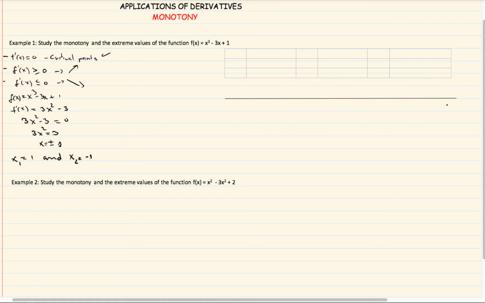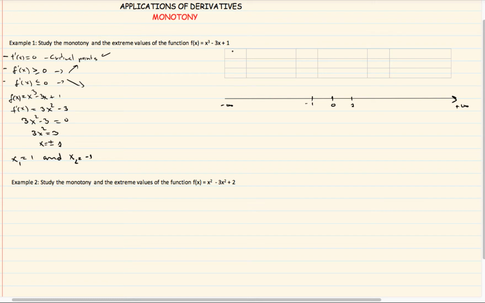So consider that we have this line here. It's a graduated line that goes to plus infinity and starts at minus infinity. If you consider that this point is 0, this would be minus 1 and this would be 1, which are the critical points. Now we have this table, and in order to find the behavior of the function, we have to fill it.